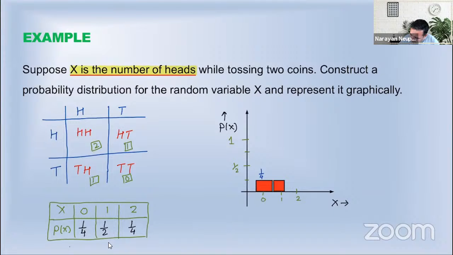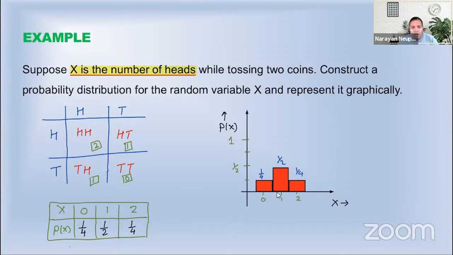Let me fix it a little bit, a little bit wider. Okay, there we go. So this is 1/2. And finally, the third one should have a height of 1/4 again. There we go.